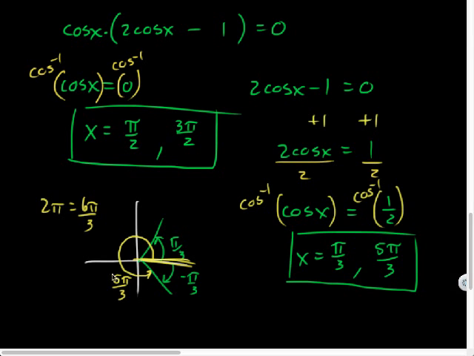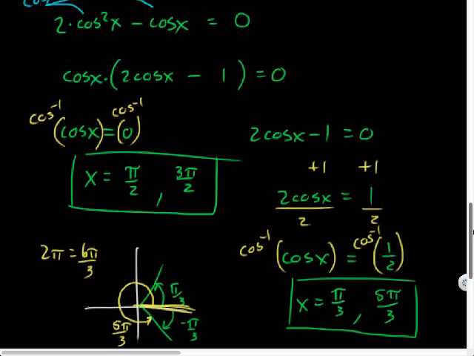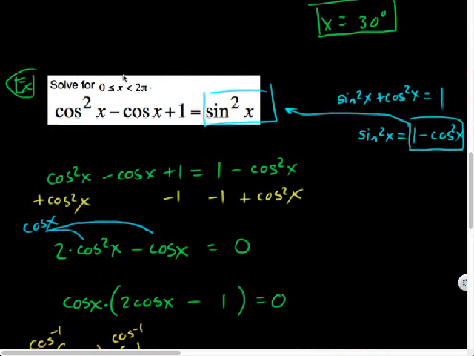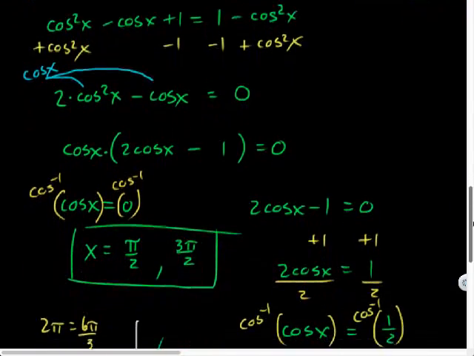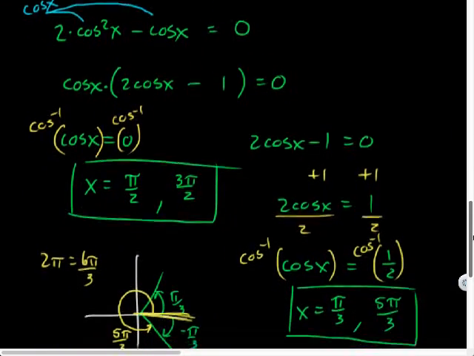Minus 1 pi over 3 would be 5 pi over 3. All right, so it's just all back to our reference angle work there. This actually ends up having 4 solutions to it because they wanted solutions between 0 and 2 pi. Right, and oftentimes that can be the case.